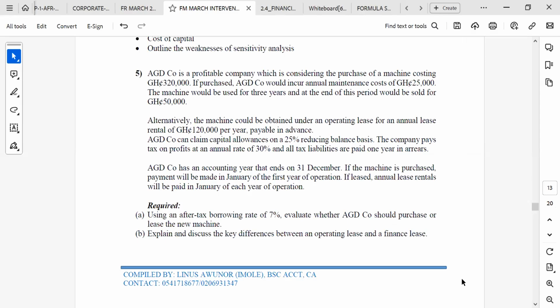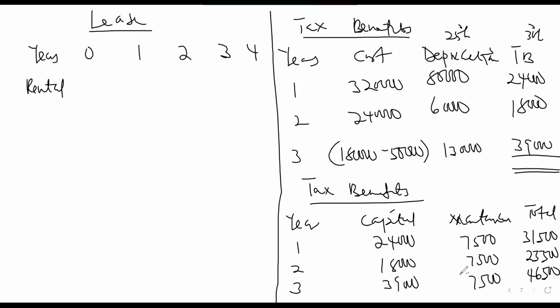In advance. So it means that the first one will be paid now, which is year 0. So we have 120,000, 120,000, 120,000. Year 3 and 4 will be dashed. This will be for only 3 years, but we are paying now.